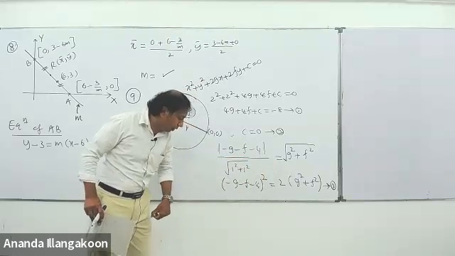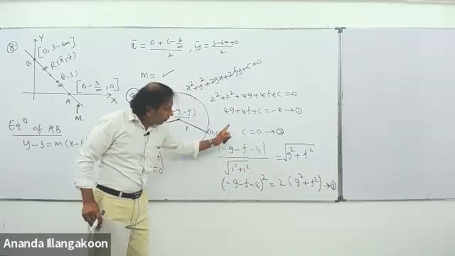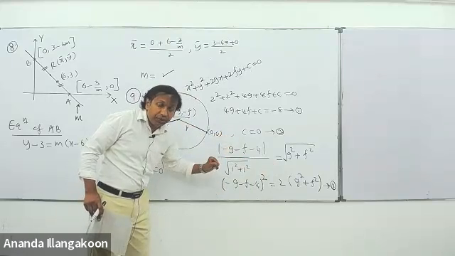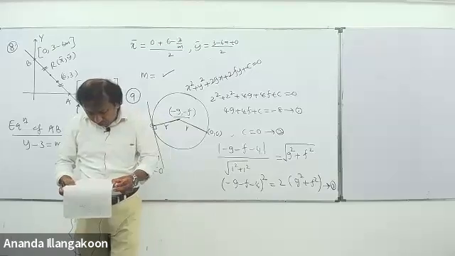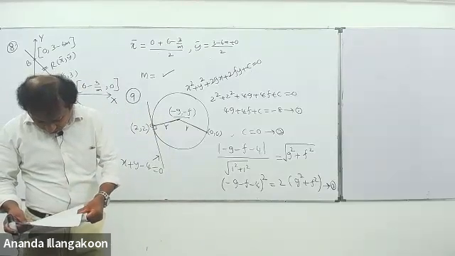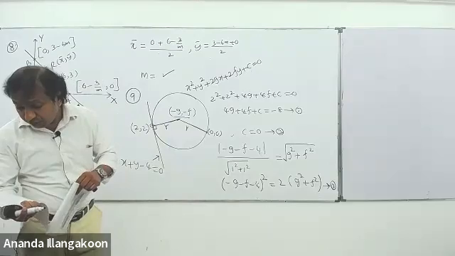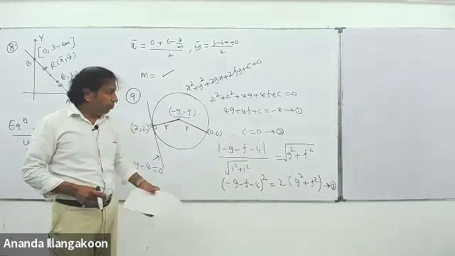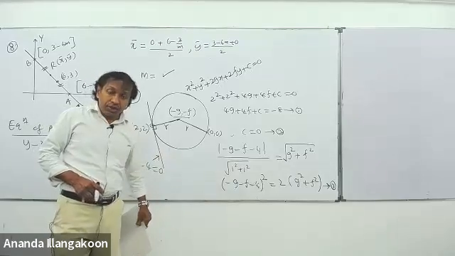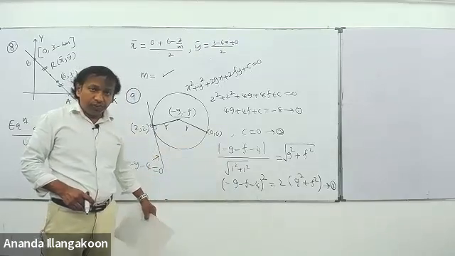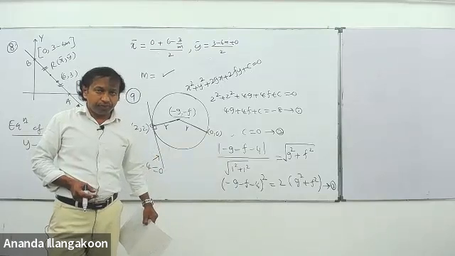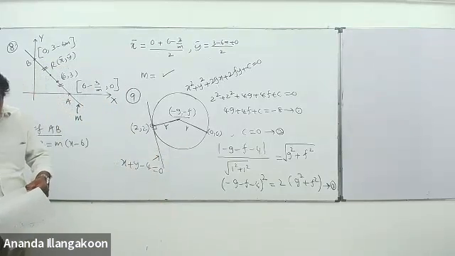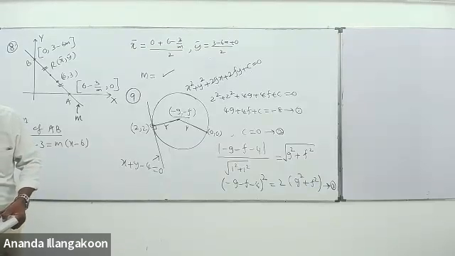By using these 3 equations, 1, 2, and this 3, solving them, find g, f, c. You will get 2 sets of values for g and 2 sets of values for f. Then there will be 2 circles. By solving these 3 equations, find g, f, c, we know c already 0. Then we will get the 2 equations. Solve them. Number 10. The next.